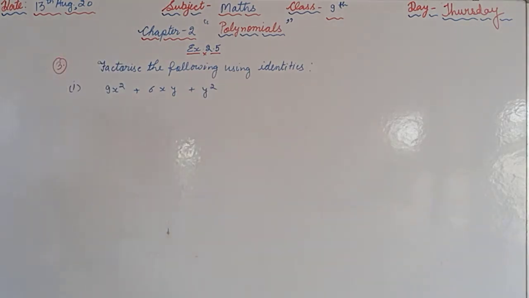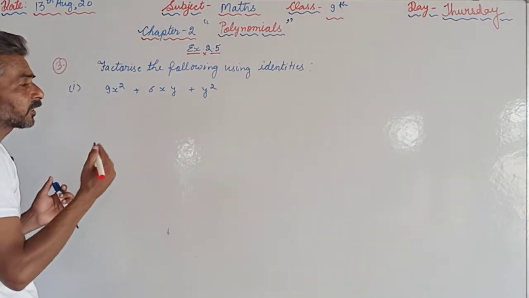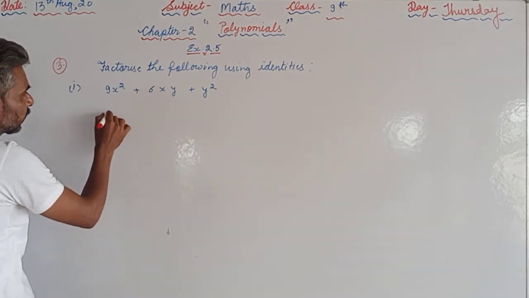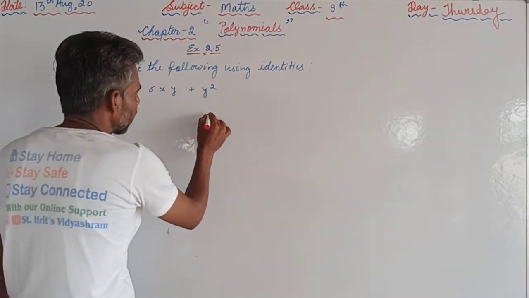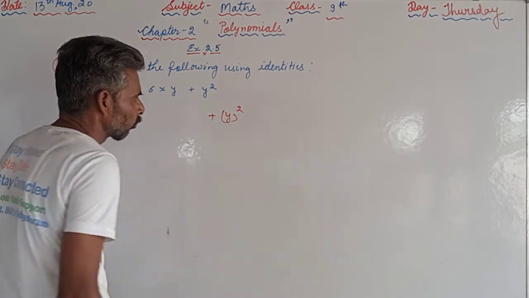So to factorize such type of questions, first of all we should see the square terms, and we are supposed to write them in perfect square form. So 9x square we can write 3x whole square, and this we can write y whole square.